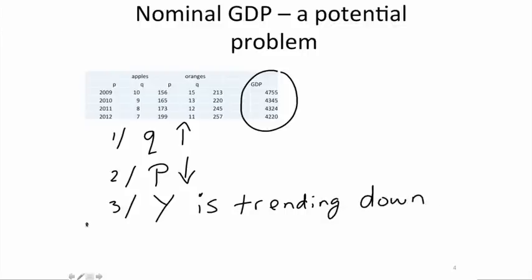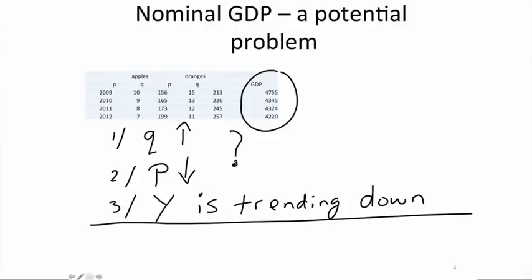Now, why is this a problem? It's a problem because when you see nominal GDP trending in this way, in this case it's trending down, you're never exactly sure what it is you're seeing. Is it because the price is changing?